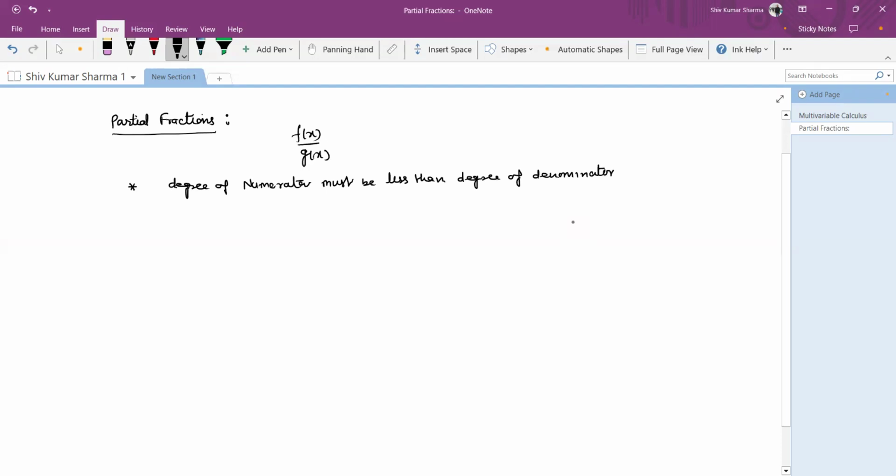So this is the first thing to remember when we are going to do the partial fraction: the degree of numerator must be less than the degree of denominator.